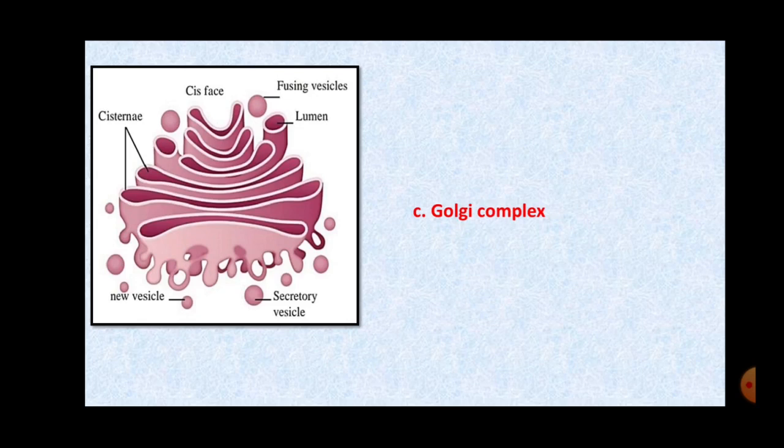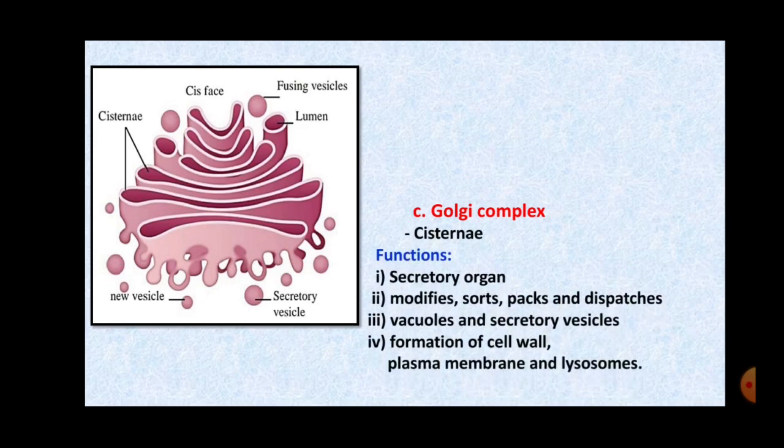Then they produce vacuoles also. If you remember, we had seen the structure of the plant cell and animal cell. In both, the vacuoles are present. So these vacuoles are produced by the Golgi complex, and they also help in the formation of cell wall, plasma membrane and lysosomes. So these are all the functions of the Golgi complex.